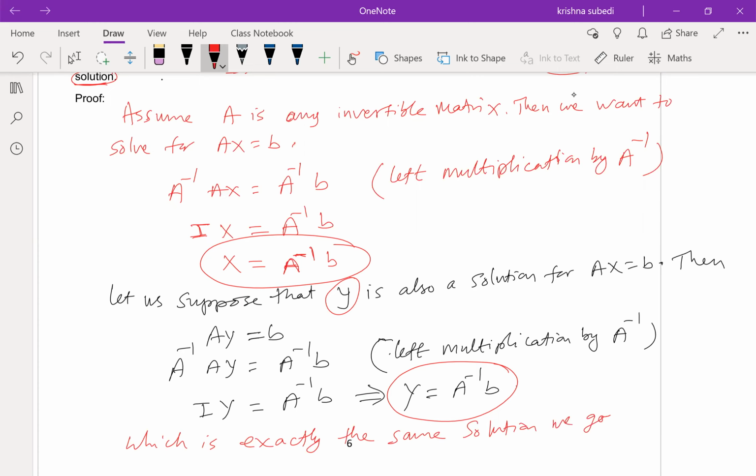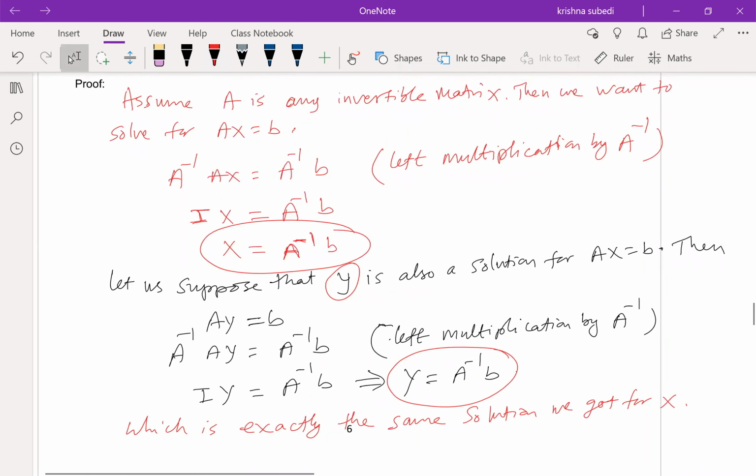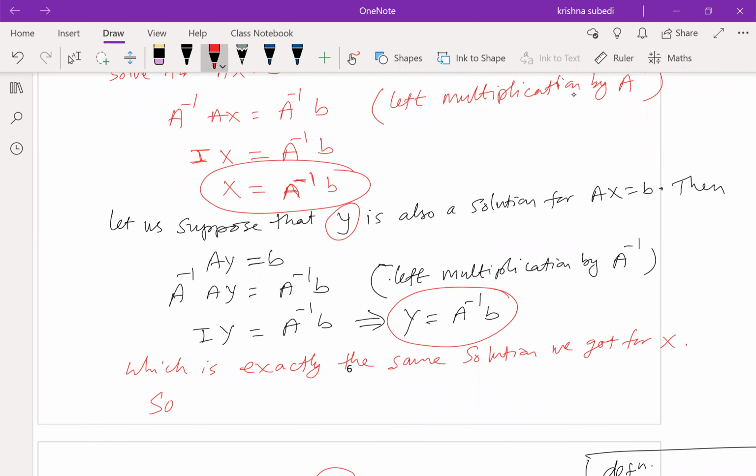So the solution is unique. Okay, that's how we can prove it. Any question?